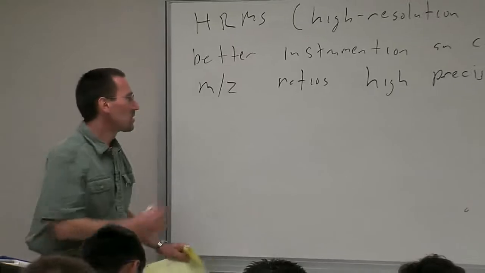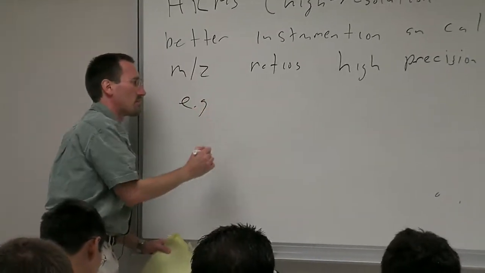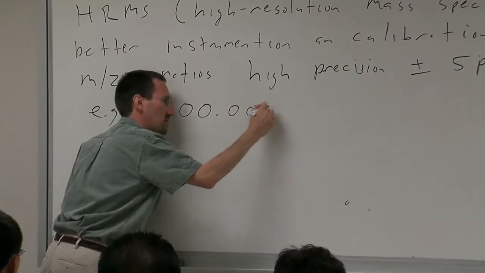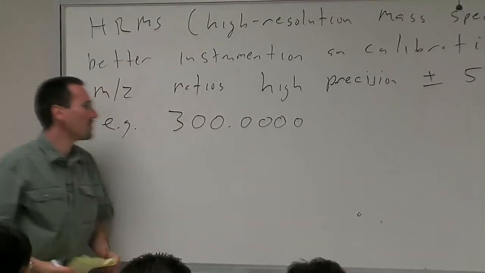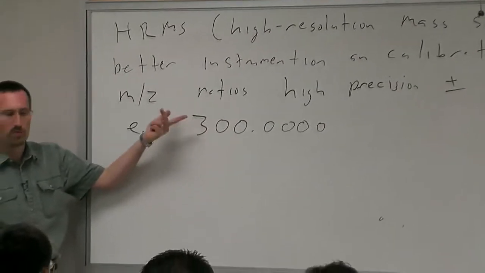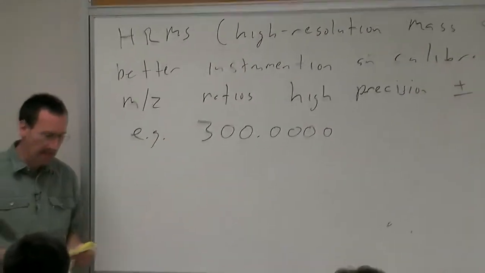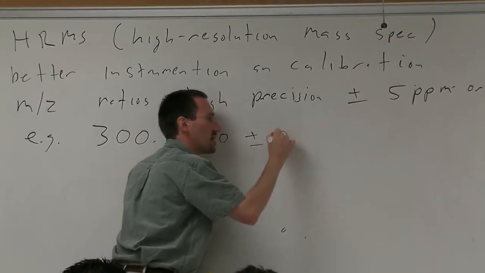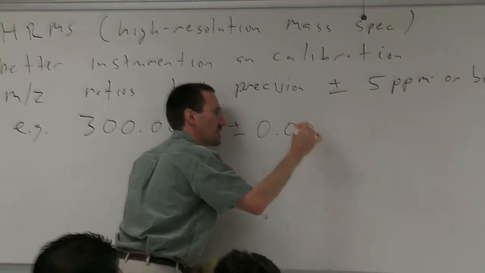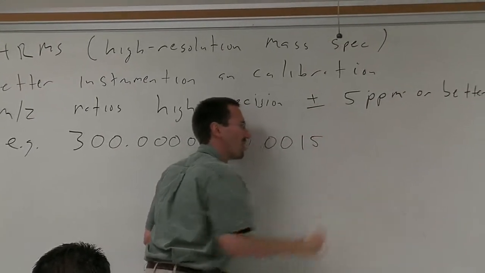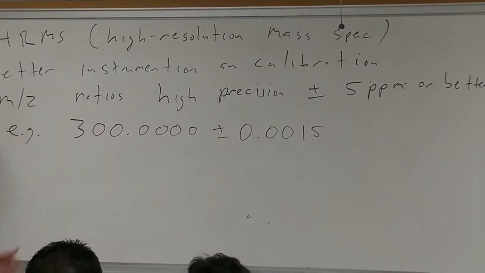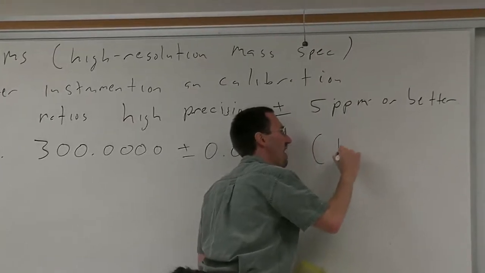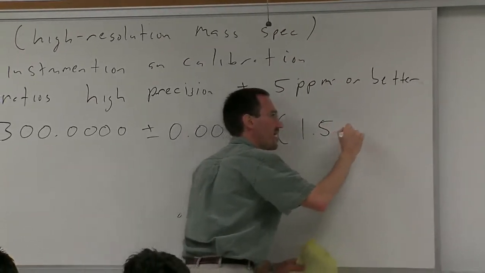So for example, by 5 parts per million, I mean if I had a mass of 300.0000, the mass of a small molecule, maybe like a steroid or something like that, we could get that within 5 parts in a million, in other words, within 0.0015, or what a mass spectrometrist would refer to as 1.5 MMU, or millimass units.